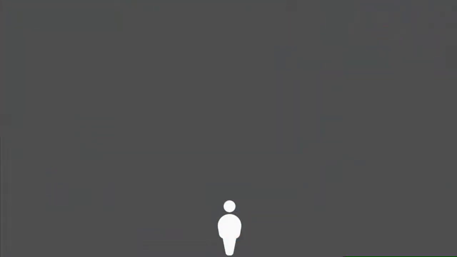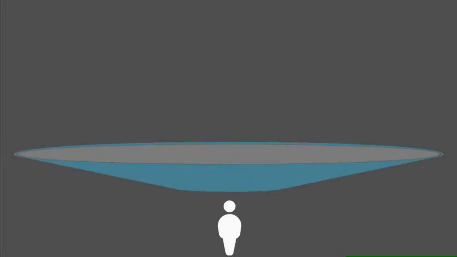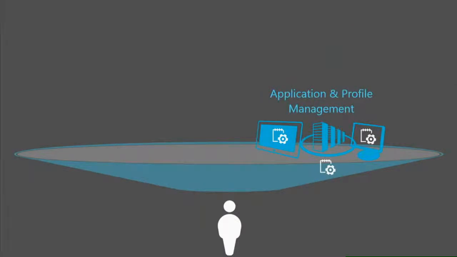Pretend with me that this is you. And perhaps you might have a scale that hangs over your head. Now, it's figuratively speaking, of course, not a true scale. And you have pressures that bear down upon you, like application and profile management.